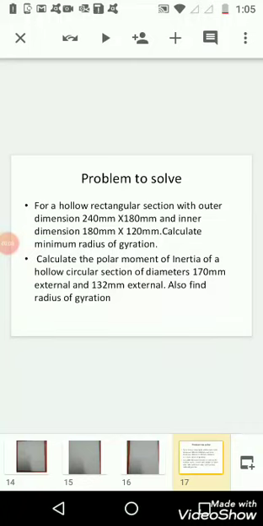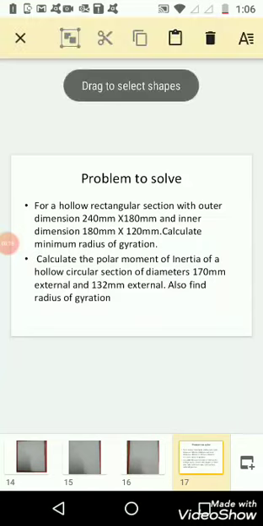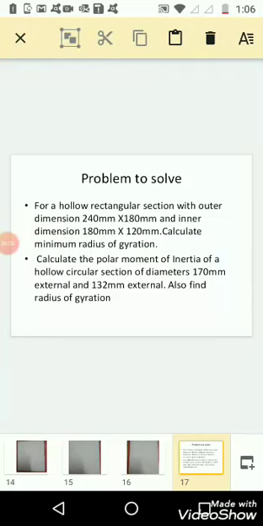Now these are the homework problems to solve. First, for a hollow rectangular section with outer dimension 240 mm into 180 mm and inner dimension 180 mm into 120 mm, calculate the minimum radius of gyration. Second, calculate the polar moment of inertia of a hollow circular section of diameter 170 mm external and 132 mm internal.